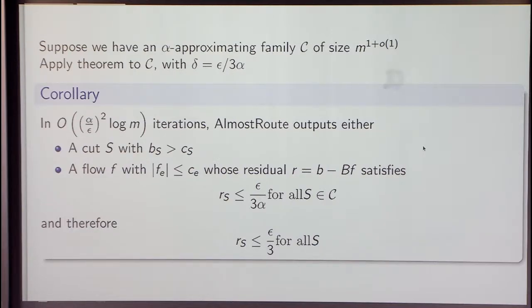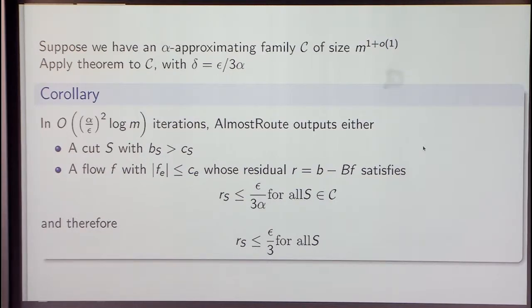Okay, and let's take that delta to be, say, so remember the residual is going to respect capacities to within factor delta. So if we now set delta to be like epsilon over 3 alpha, that 3 is just a little thing to help us out. We'll see why.